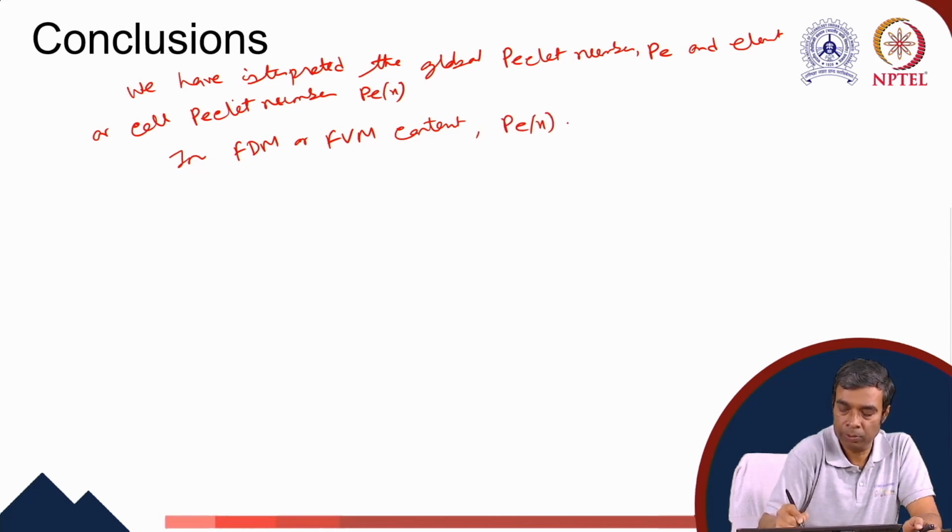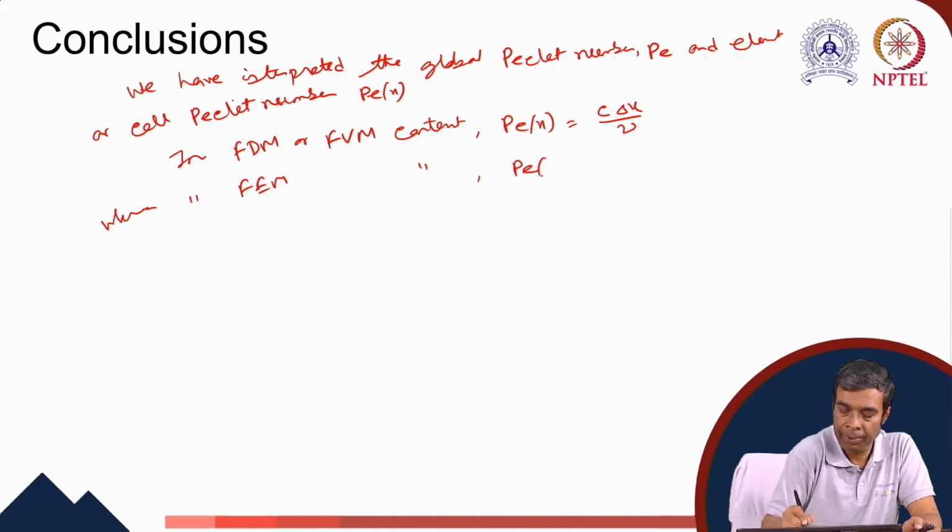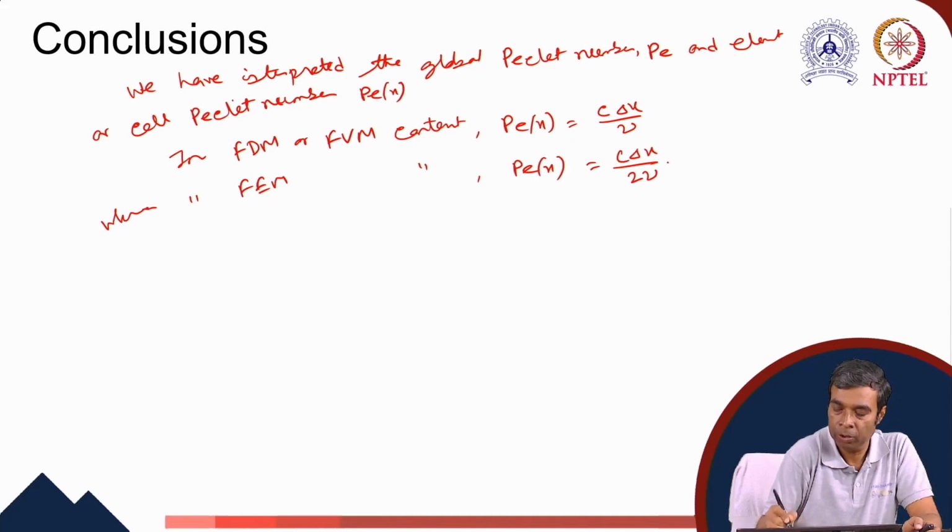PEX equals C into delta X by nu, whereas in FEM context PEX equals C delta X by 2 nu.